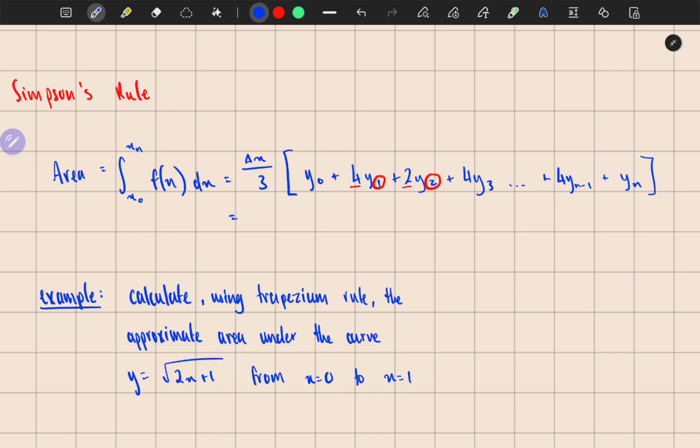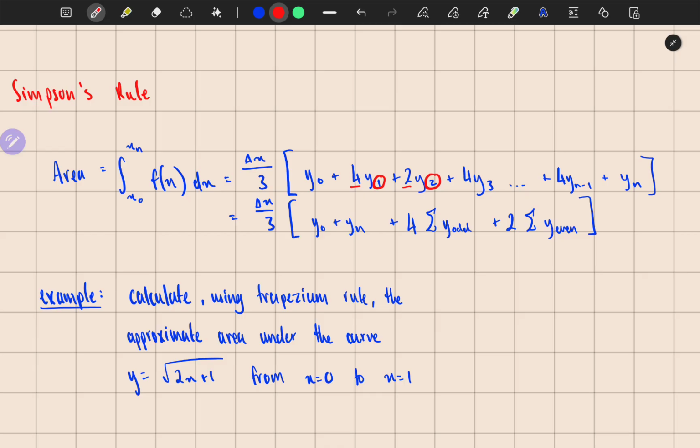So you can rewrite this expression as delta x over 3 times y of 0 plus y of n, so those don't have any coefficients, plus 4 times the sum of all the odd y values plus 2 times the sum of all of the even y values. This is a much simpler way of expressing it that doesn't involve 4s and 2s everywhere for every y value that you have. So what do these values mean?